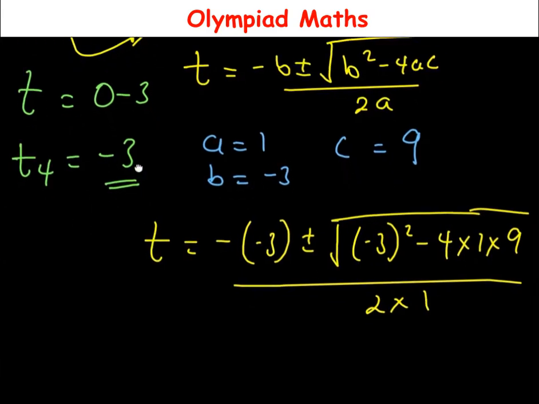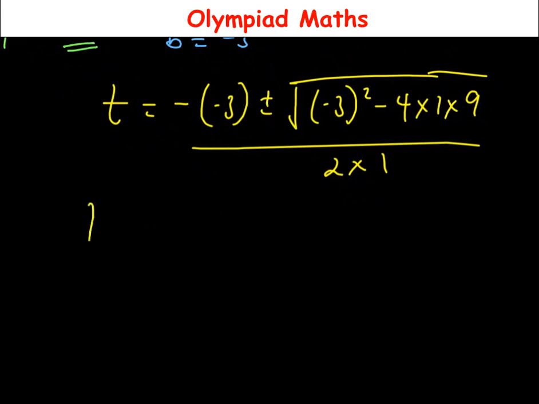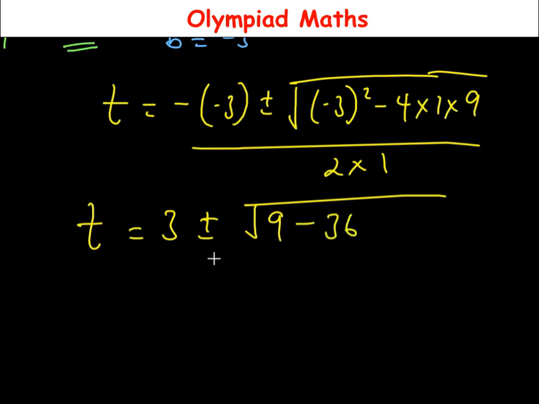So then, the value of t is equal to minus times minus 3 is plus 3, plus or minus square root of minus 3 squared is 9, then minus 4 times 1 times 9, minus 36, then all over 2 times 1 is 2.